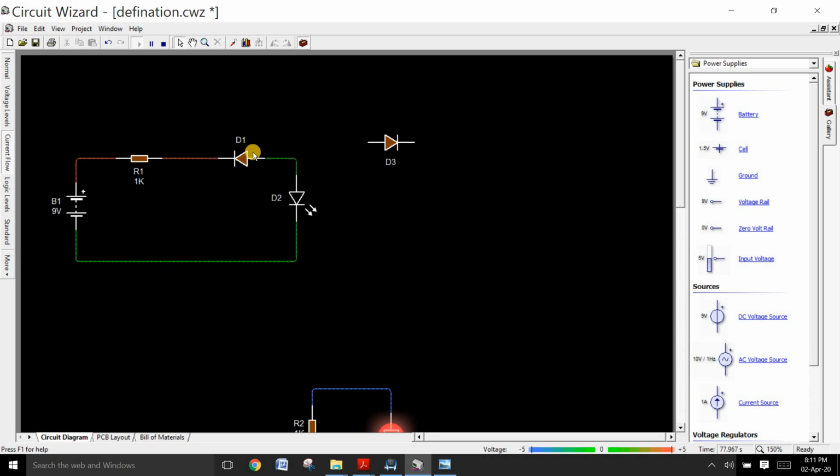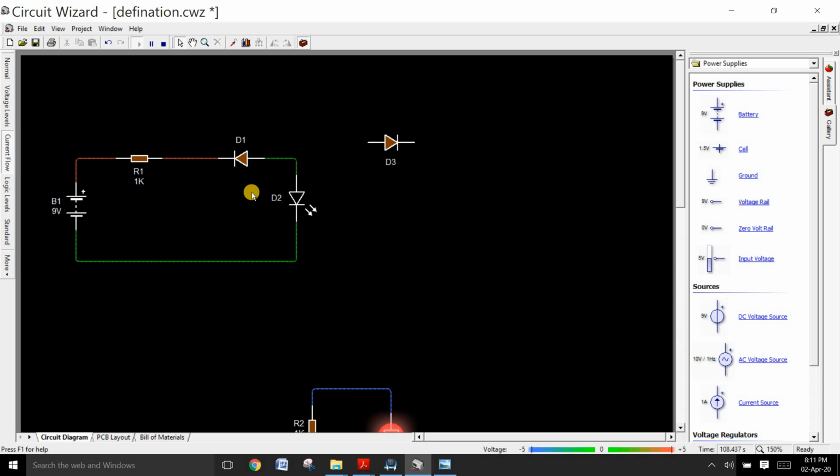So now that you put it in this direction, if there is power, the current will move from the charger to your battery, and if there is none, the current from the battery cannot move back to your charger. So it will prevent your charger from drawing your phone battery's current. So that's all for the definition of diode.